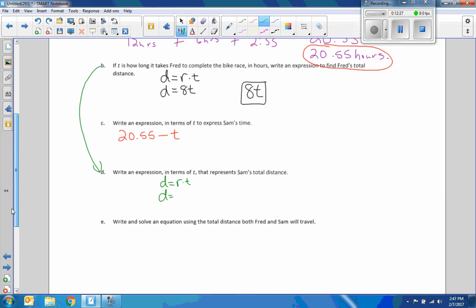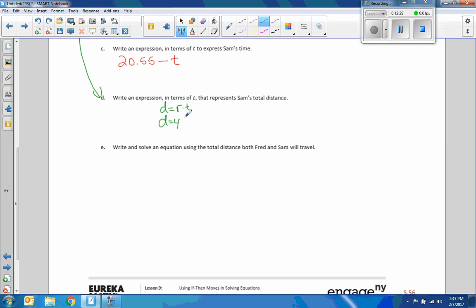That's his rate, times time, which is right here, to express Sam's time. So we want to take his rate times his time, which is 20.55 minus T.